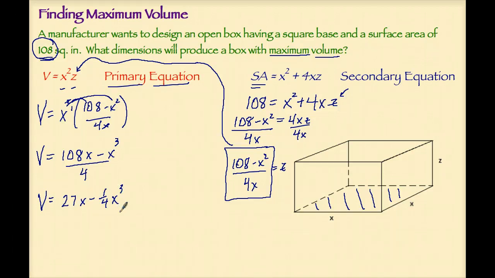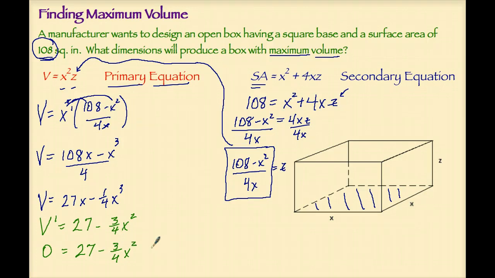I'm going to take the first derivative and set it equal to 0. So our first derivative will be v prime is equal to 27 minus 3/4 x squared. Now we know that setting the first derivative equal to 0 will yield maximum and minimum values. So we set 27 minus 3/4 x squared equal to 0.